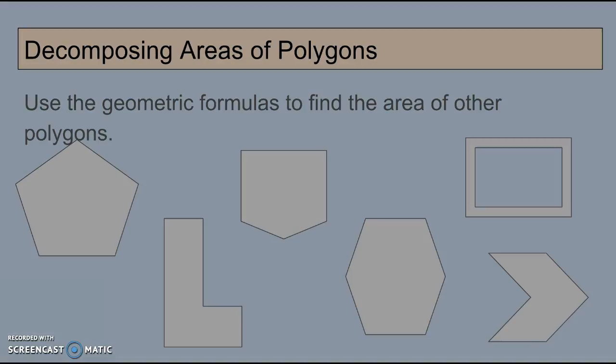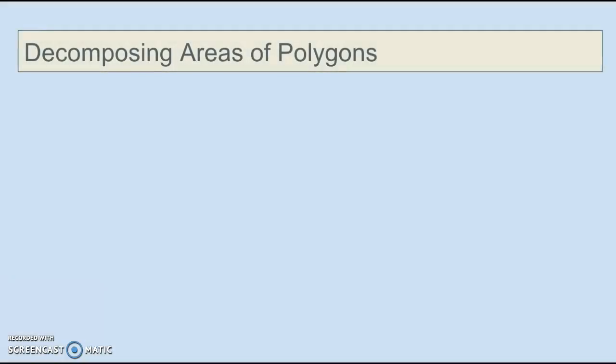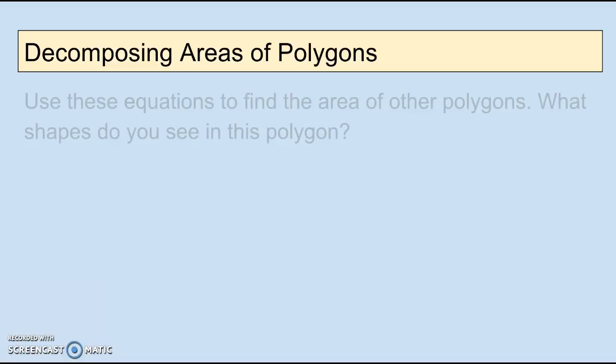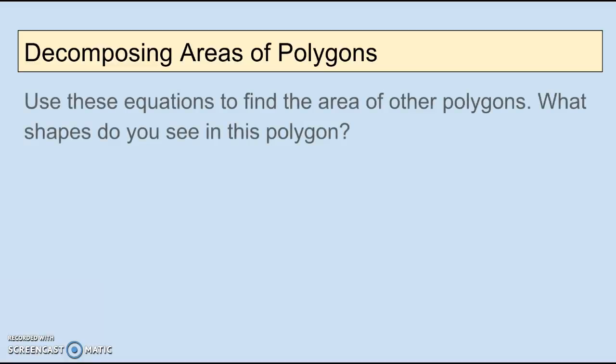For example, and this is where the decomposing part comes in. We've done some of that, but you can take a figure and determine what shapes you see within that figure. So this one here, for example, what figures do you see here?